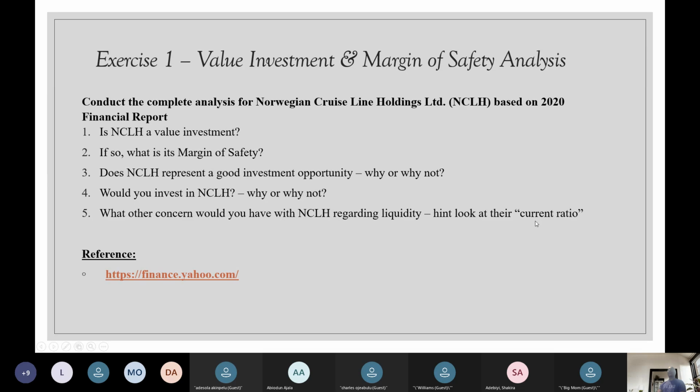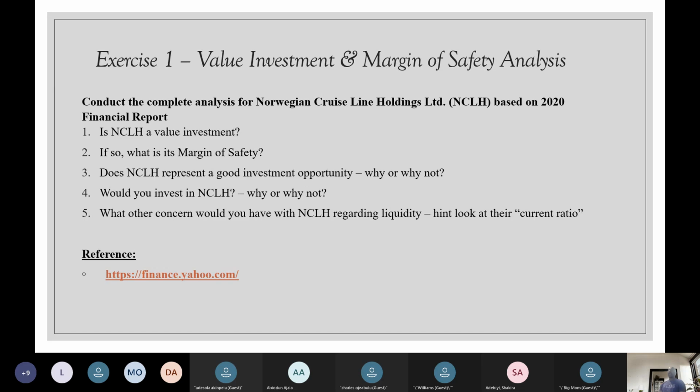The current ratio for Norwegian Cruise Line was less than 1 when I did the analysis, at the time I put the slides together originally. This was not a long time ago. So that means their current assets do not cover their current liabilities.